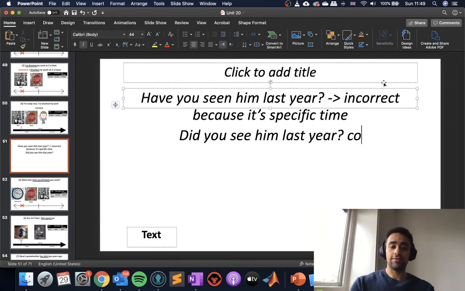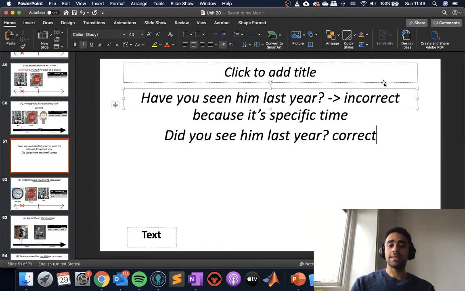That's the correct form. But I have to say something here. In general, when you're having a conversation with people, it might be used as well. If you say, have you seen him last year?